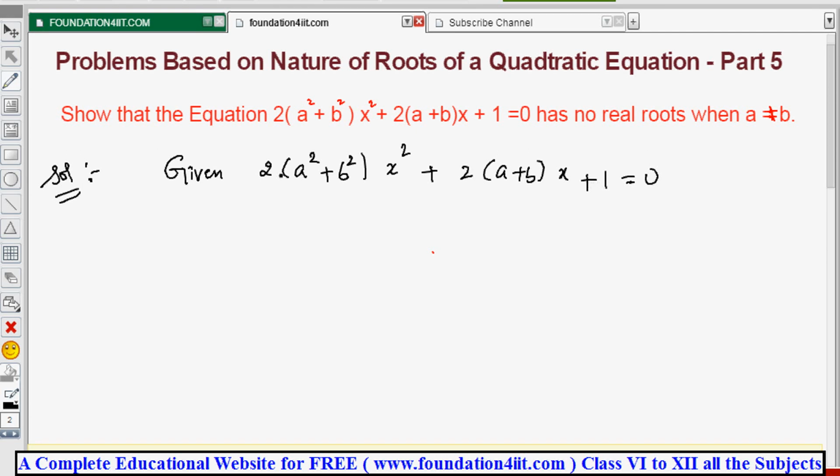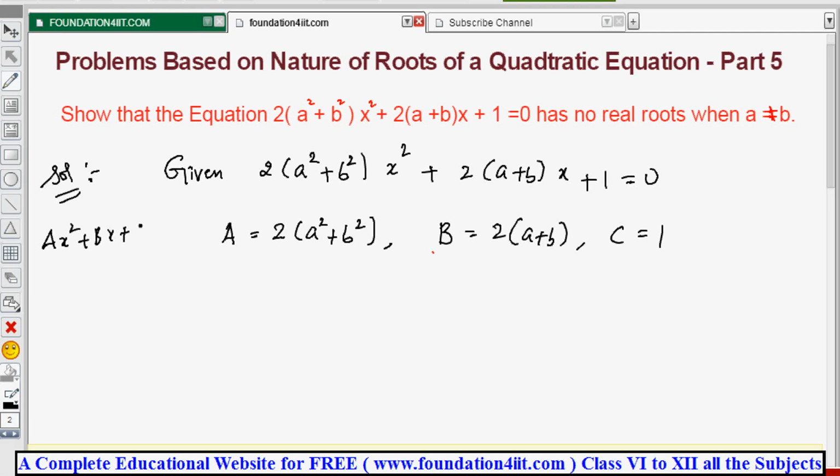Since small a and small b are already there, let us take the general form as capital A x² plus capital B x plus C. Here capital A is 2(a² + b²), capital B is the x coefficient 2(a + b), and the constant is C. So with this, the general form is Ax² + Bx + C = 0.